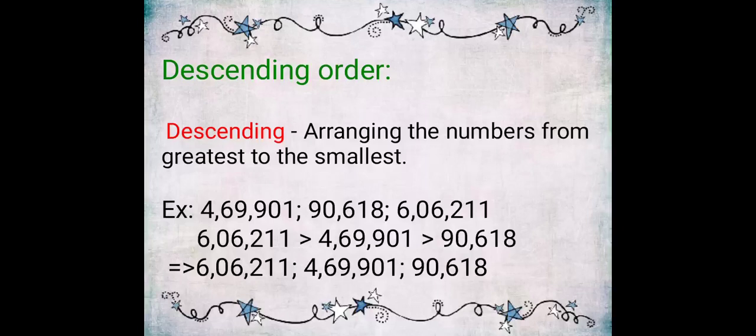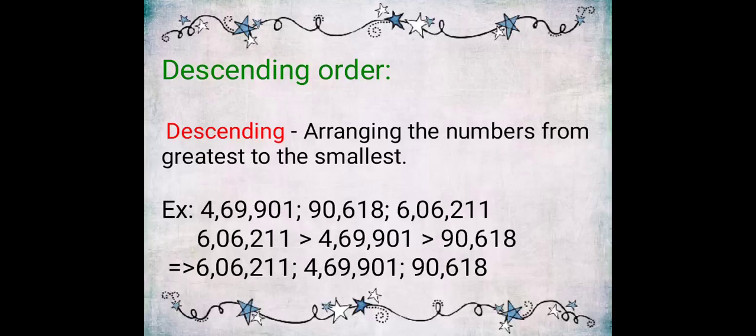So I have an example. Again over here, I have taken some random numbers. That is 4,69,901, 90,618 and 6,06,211. Now, what should I do?